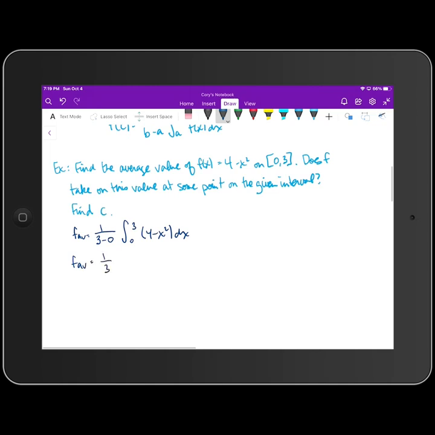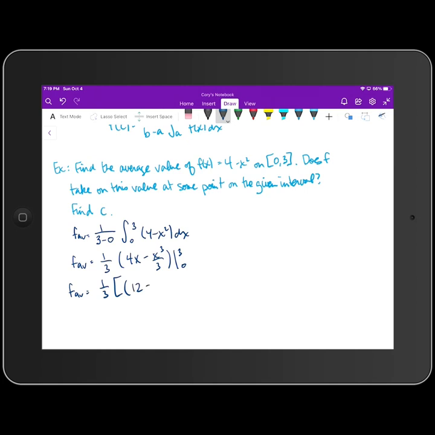So that's going to be 1/3 times, and then we can go ahead and take the antiderivative of the function the way that it's written. So the antiderivative of 4 is 4x, minus the antiderivative of x squared is x cubed over 3, and then we're going to evaluate that at our limits of integration. So f sub av is going to be 1/3 times, when I evaluate my antiderivative at 3, 4 times 3 is 12.